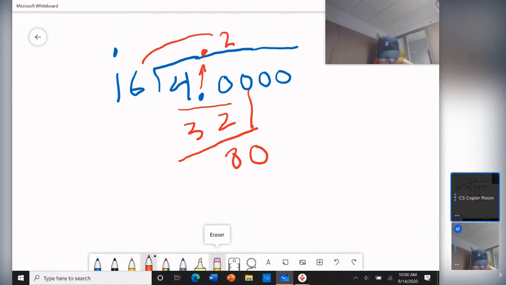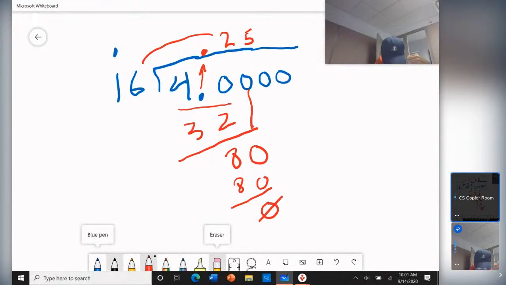Now, how many times does 16 go into 80? Well, that's 5 times. 5 times 16 is 80. And there we go. So 16 goes into 4.25 times. And these zeros, like I said, you can put as many as you need. It doesn't matter. But we only needed actually these 2.